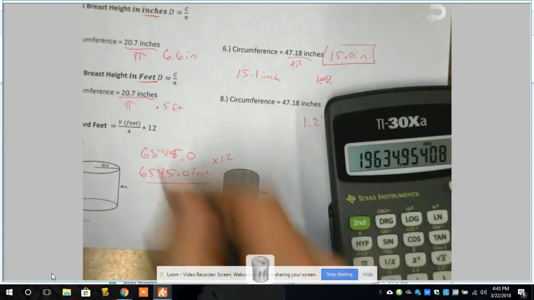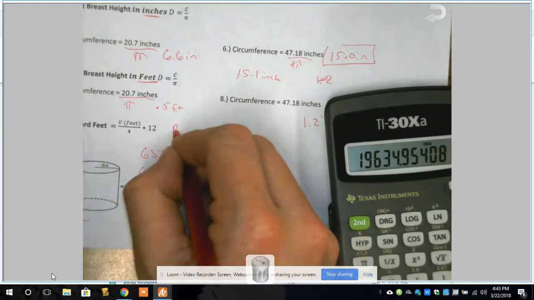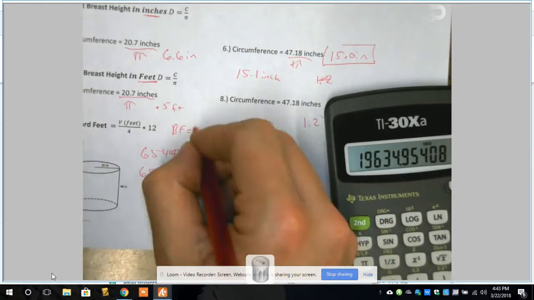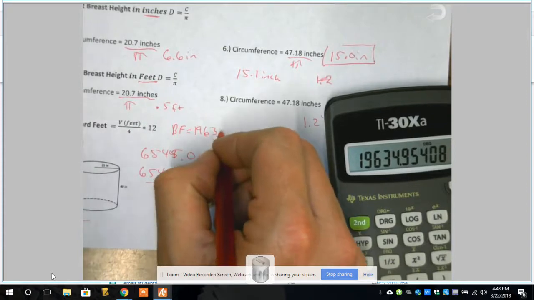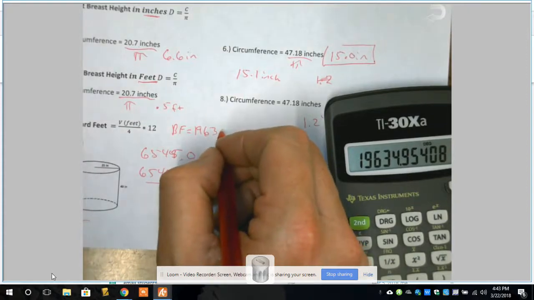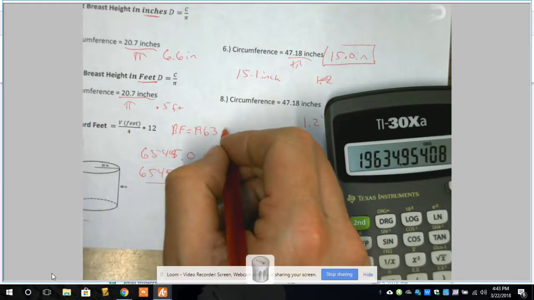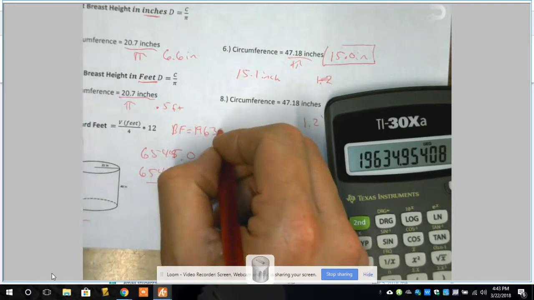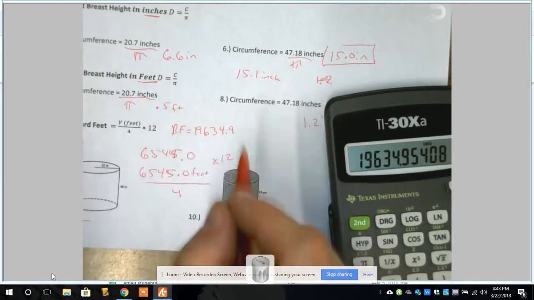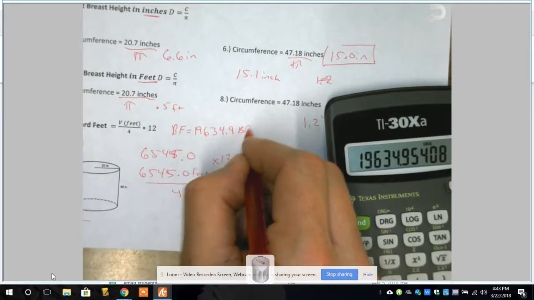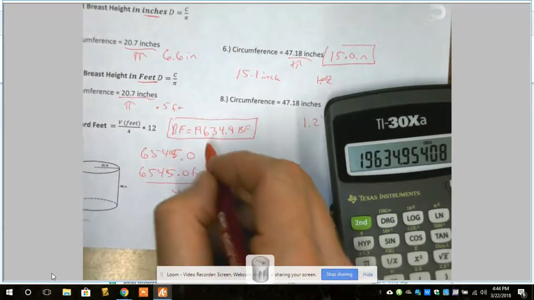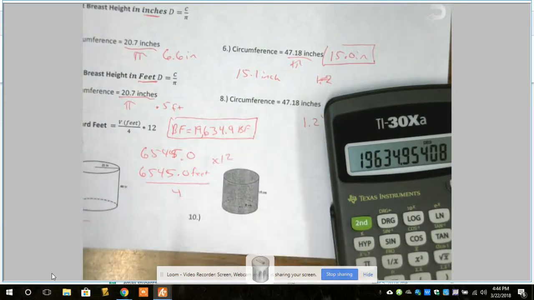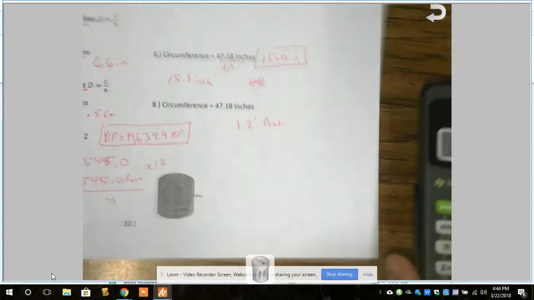So the final answer for this guy in board feet is 19,634.9 board feet. So that's what we end up with.